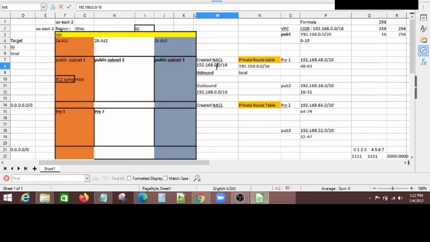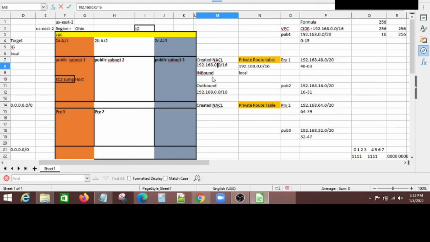In the inbound, I'm saying please allow only the traffic inside the VPC, on any port, any port range, any protocol. In the outbound too, only traffic inside the VPC, on any port range and any protocol.